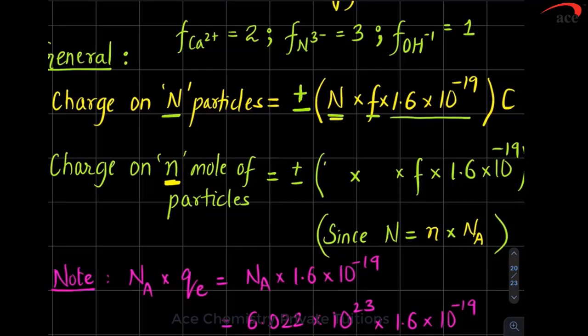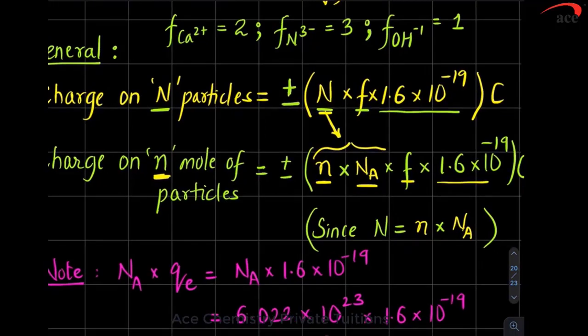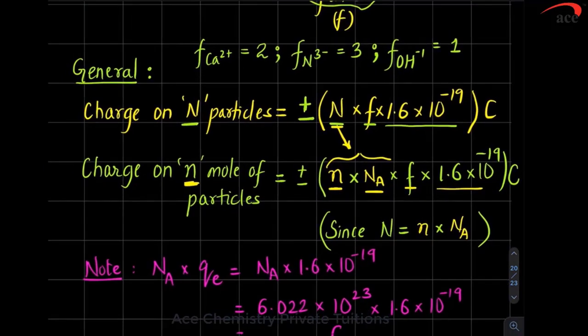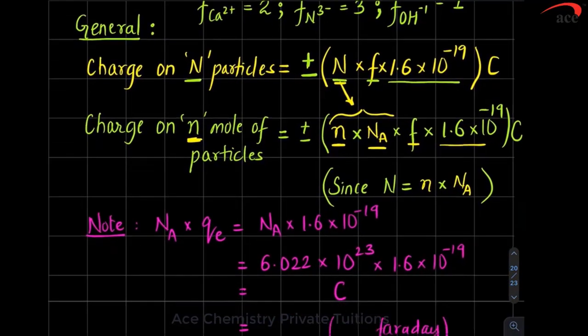So in the place of n, now you should write n multiplied by Avogadro. So the number of particles present in n moles is n multiplied by Avogadro number multiplied by the factor multiplied by the charge present on an electron or a proton in coulombs.